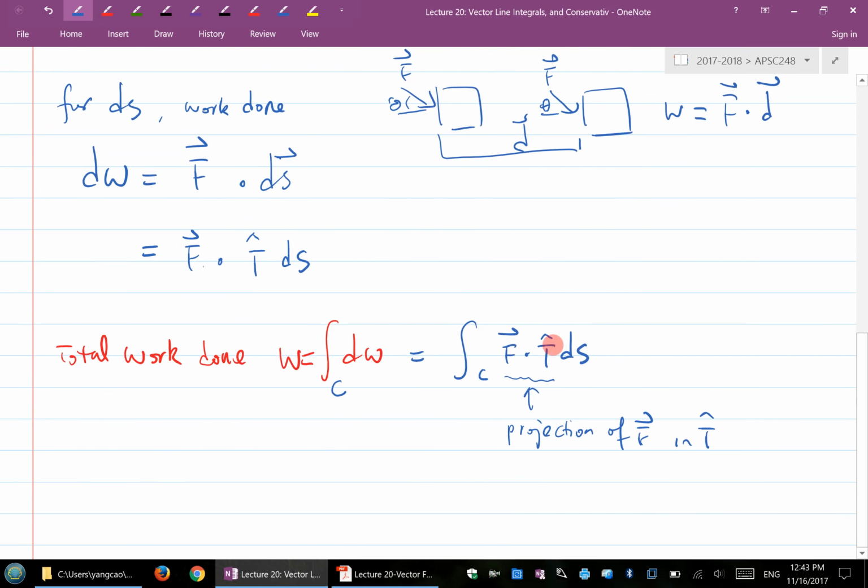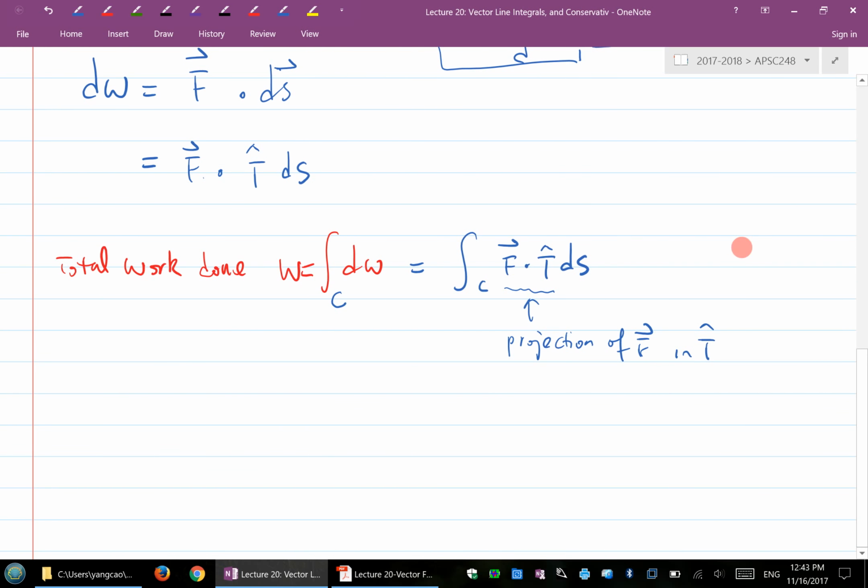And then what happens next is you're integrating over the curve C. You're adding up all of these projections of F in the t hat direction. And this integral right here is called circulation. Basically, the circulation along the curve C.